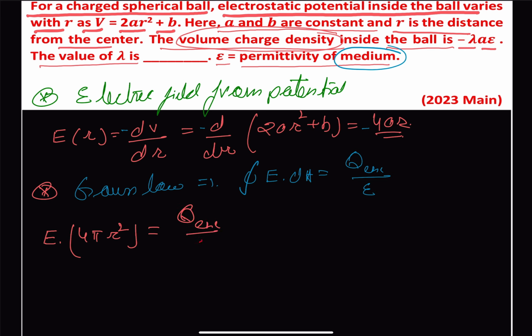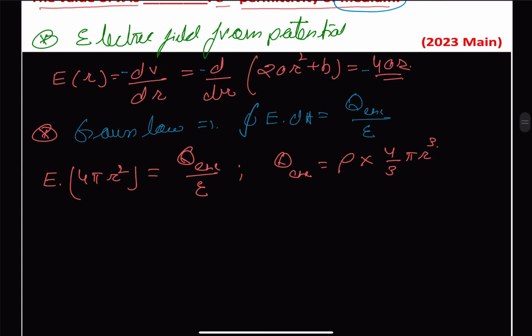The charge enclosed is the volume charge density multiplied by the volume, 4 by 3 pi r cube. We also know the value of the electric field, so we substitute: minus 4a r multiplied by 4 pi r square is equal to the charge density multiplied by 4 pi r cube.